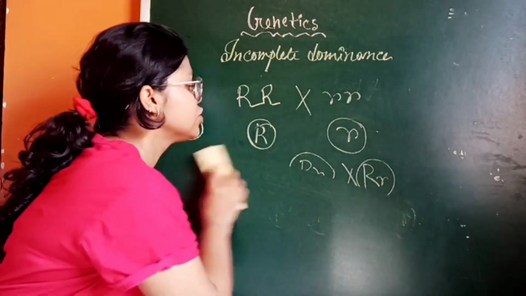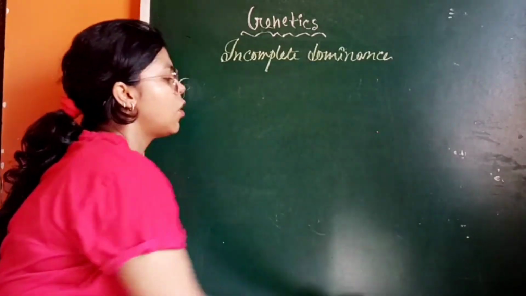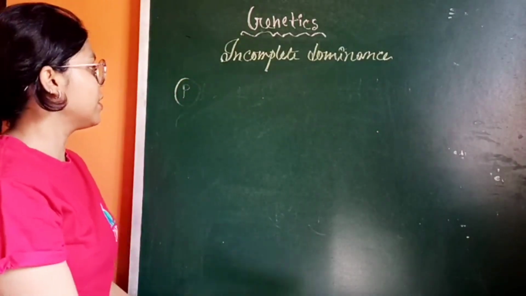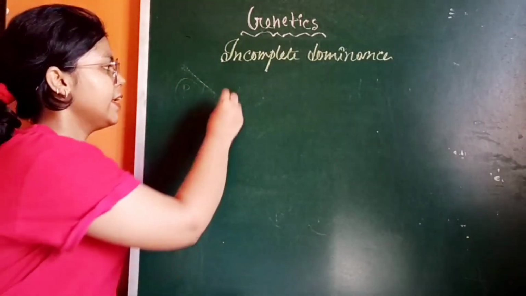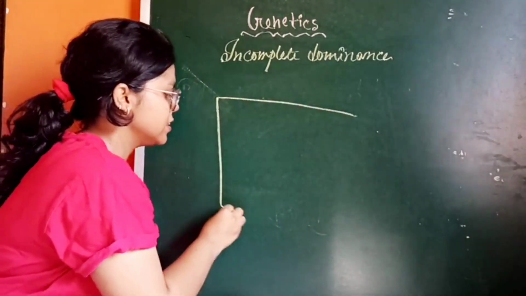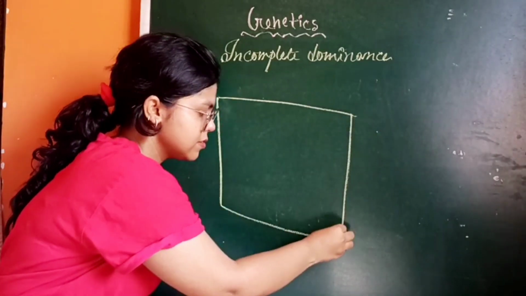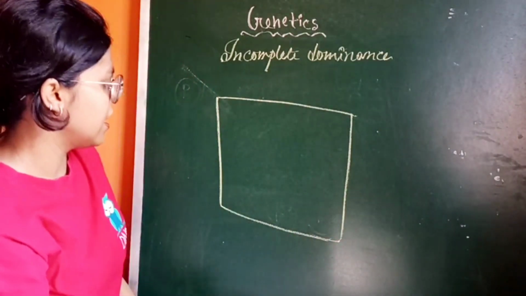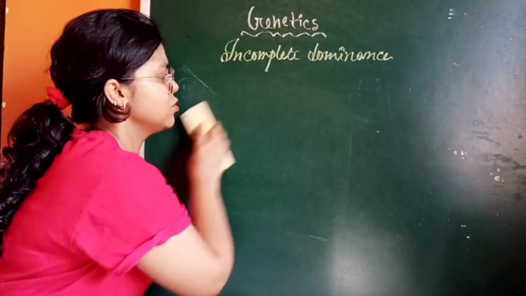So let me draw the checkerboard at the F2 generation. Okay, let me draw it.